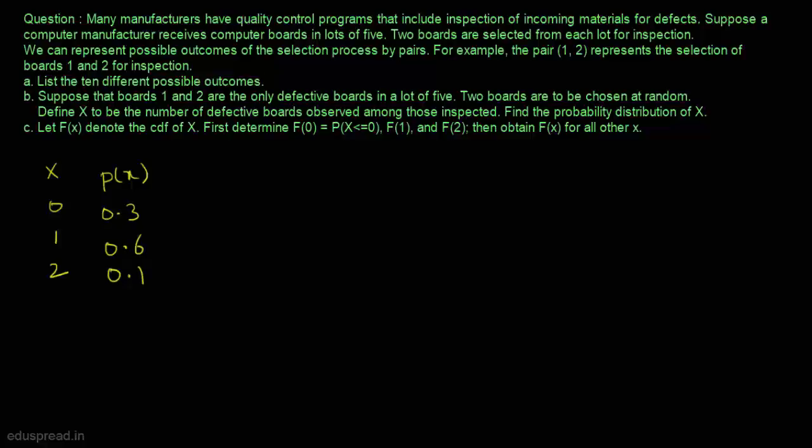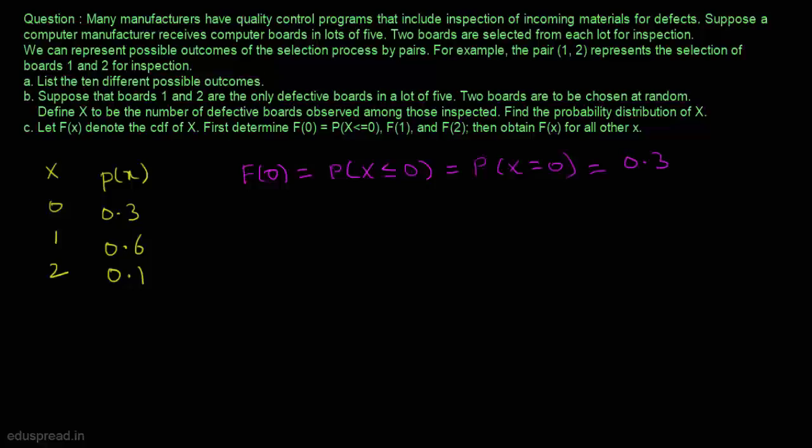So we have to first calculate F of 0, which is equal to the probability that x is less than or equal to 0. And this is equal to the probability that x is equal to 0, because the minimum value that x takes is 0. And this is equal to 0.3 from this table.